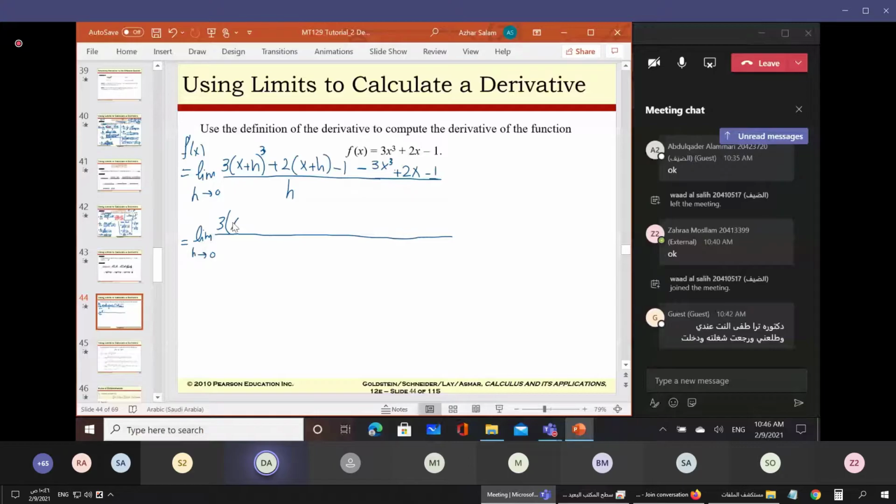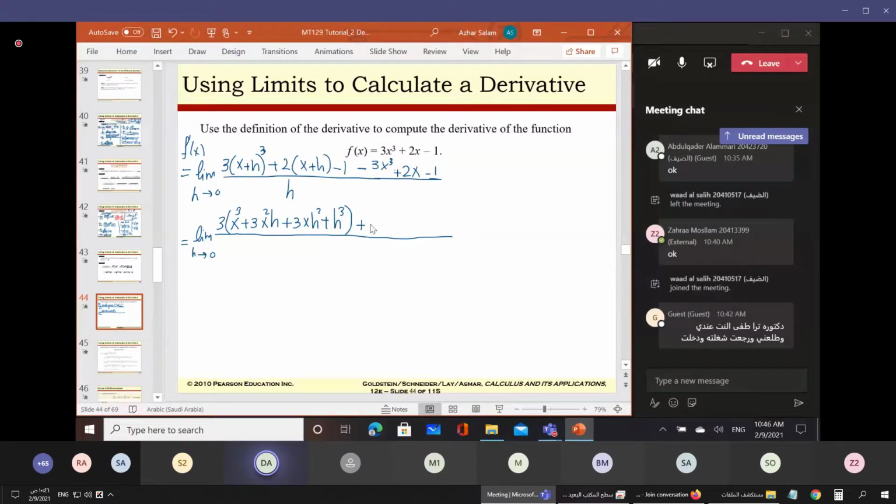It will be x to the power 3 plus 3x squared h. This is the rule of the cube of the sum of two values, plus 3x h squared plus h to the power 3. Okay, this is how to make the cube of the addition x plus h.